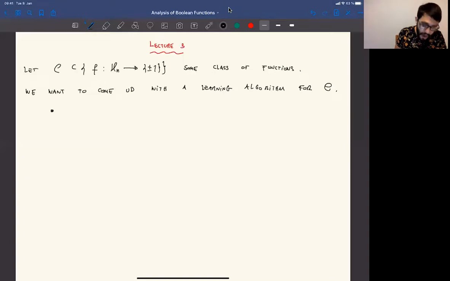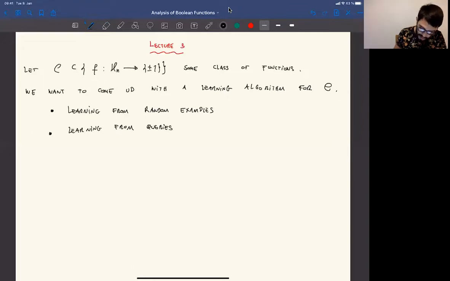And algorithms can be of two types generically. It could be learning from random examples, or it could be learning from queries.